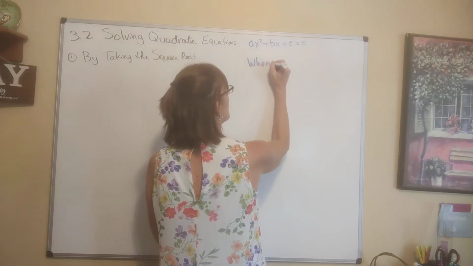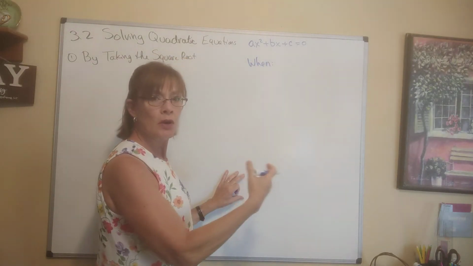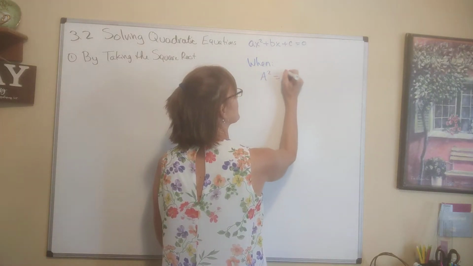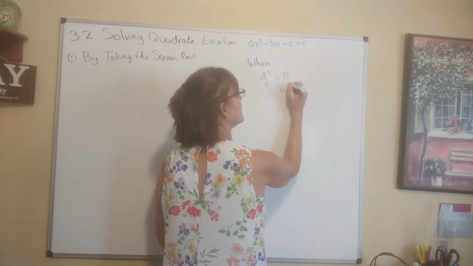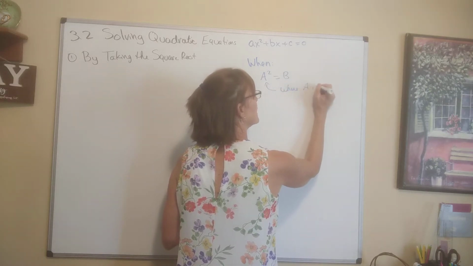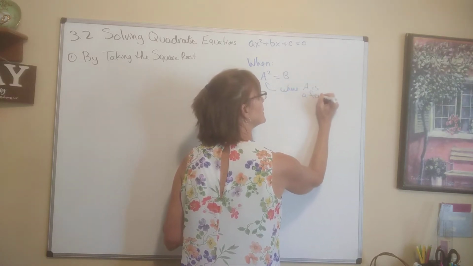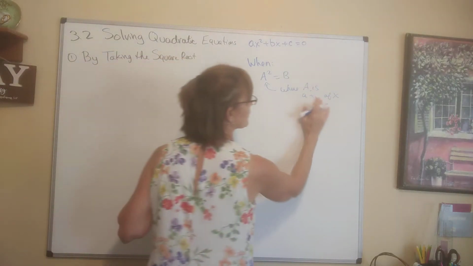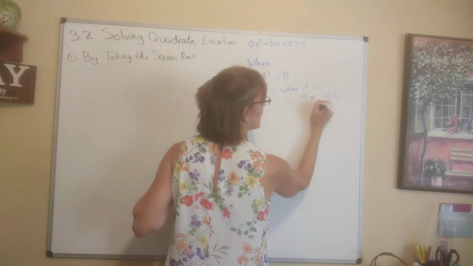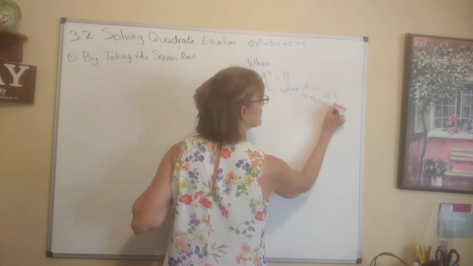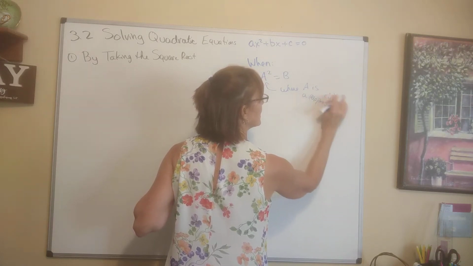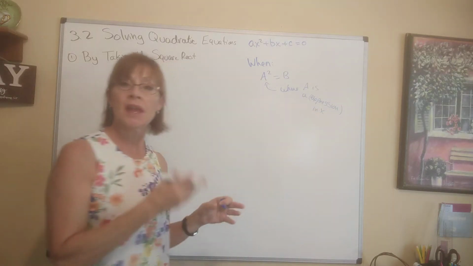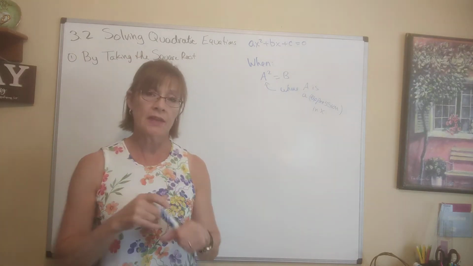We use it whenever it's easy to work our equation into the form a squared equals b, where a is an expression in x. It can just be x itself, or it can be something involving x.